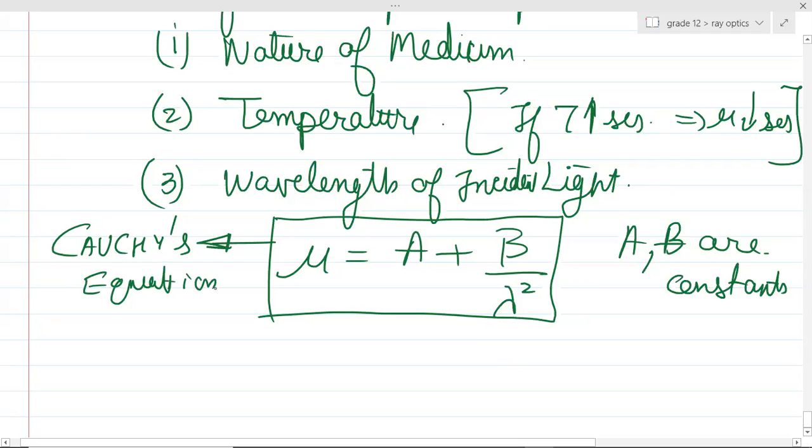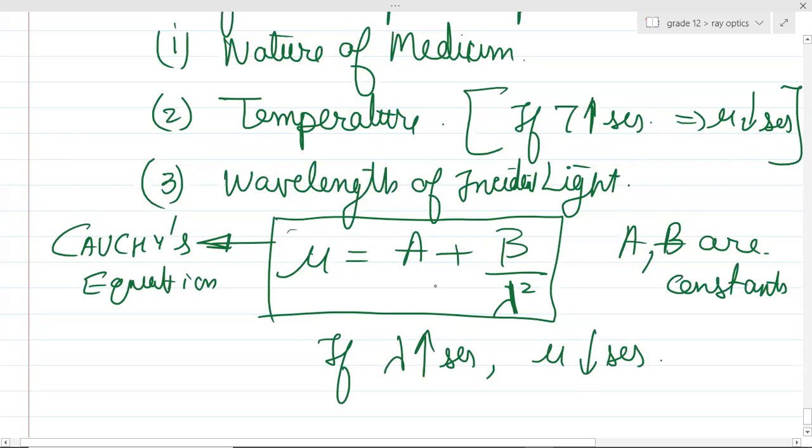From here, mu is inversely proportional to lambda. If lambda increases, this term decreases, and automatically mu decreases, right?